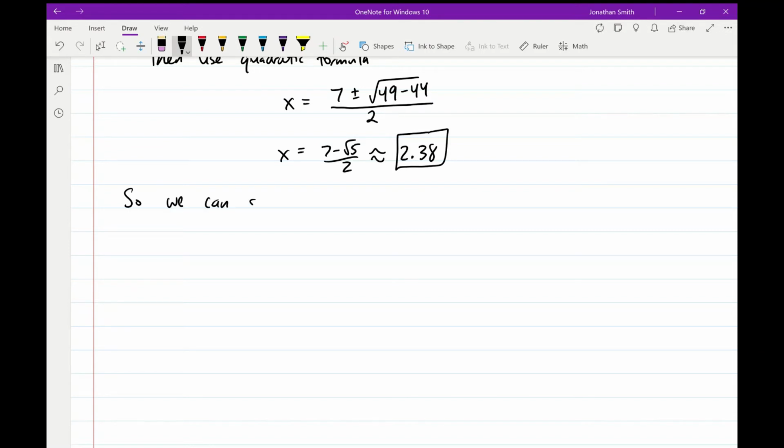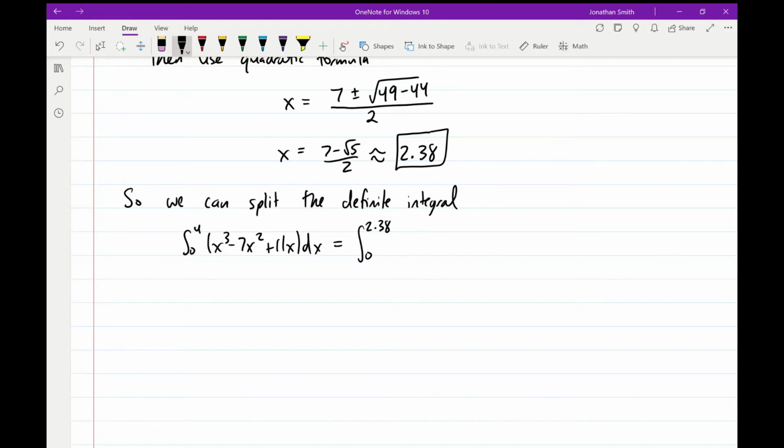So we can split the definite integral so that we get the integral from 0 to 4 of x cubed minus 7x squared plus 11x dx is equal to the integral from 0 to 2.38 of x cubed minus 7x squared plus 11x dx plus the integral from 2.38 to 4 of x cubed minus 7x squared plus 11x dx.